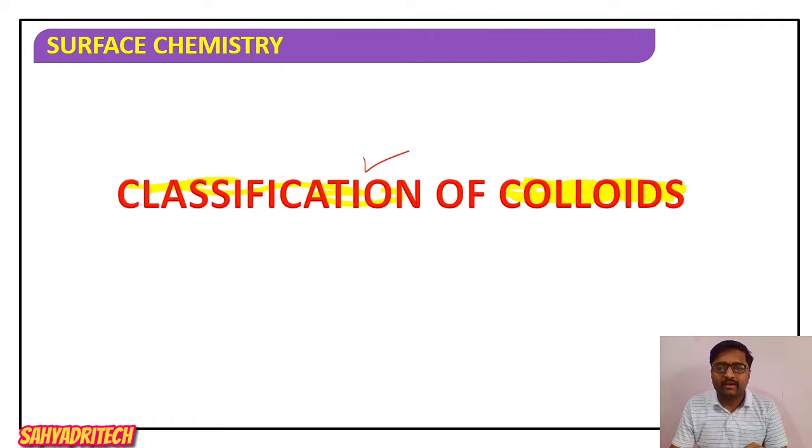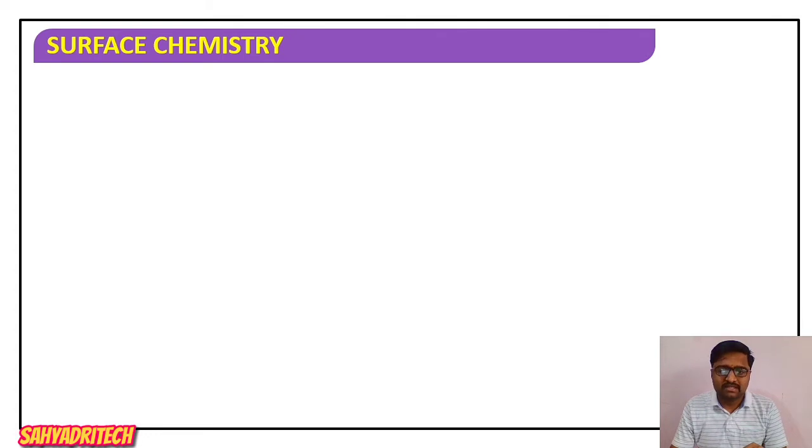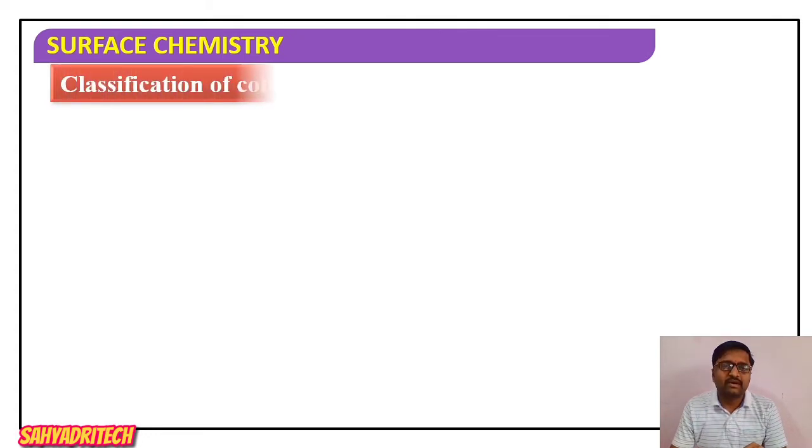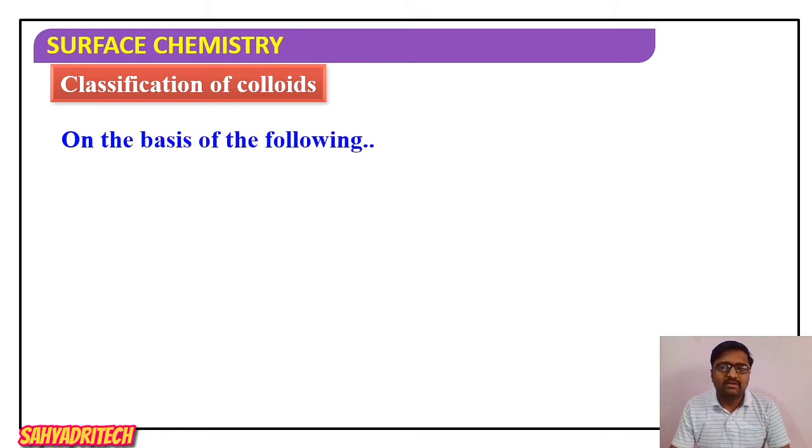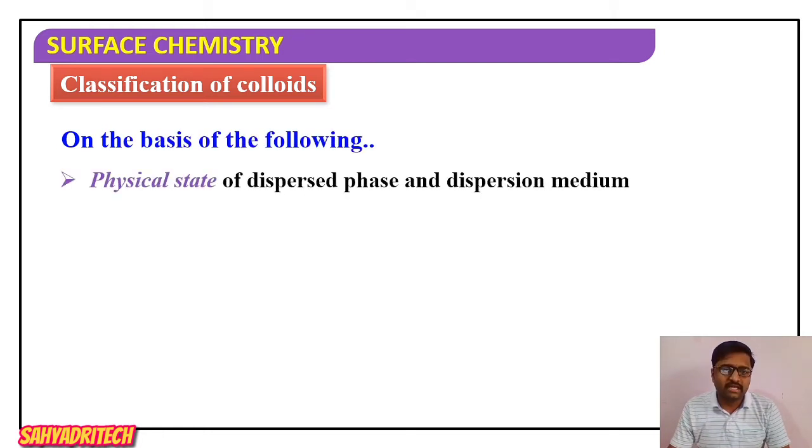Well, if I think of classification, it is necessary to classify colloids. We have different ways to classify them. First, on the basis of the physical state of the dispersed phase and dispersion medium.